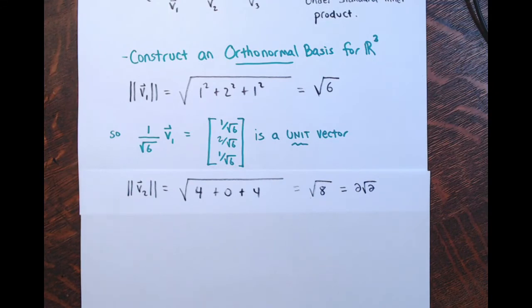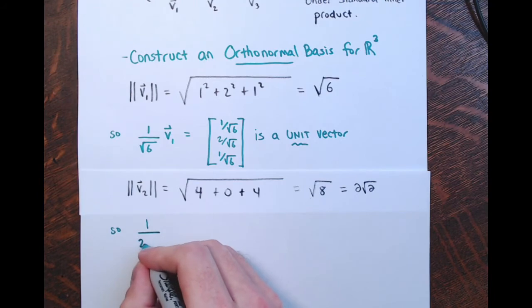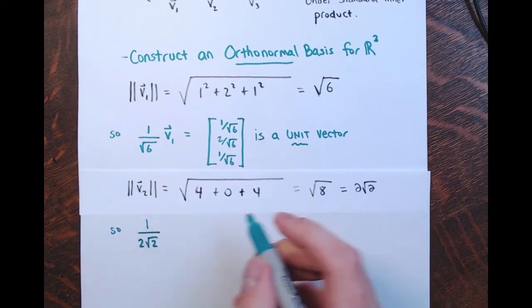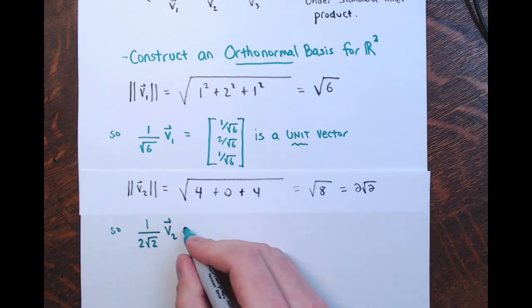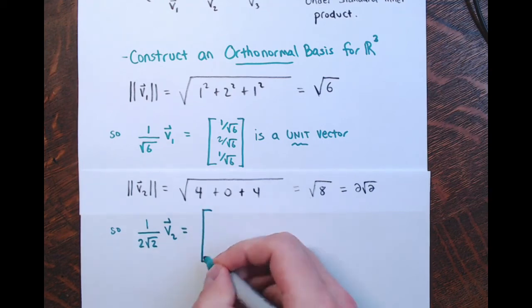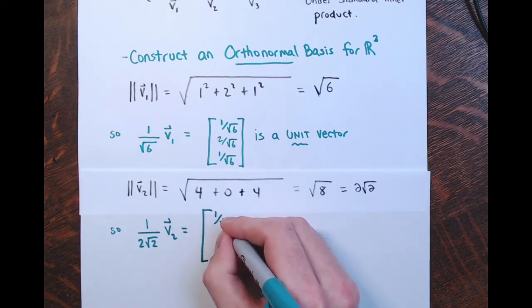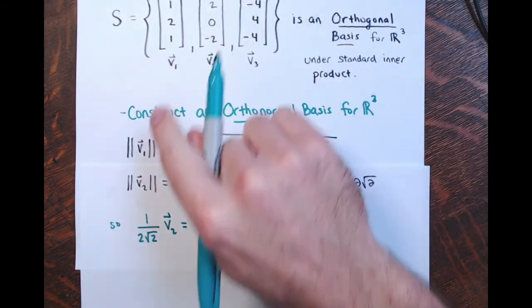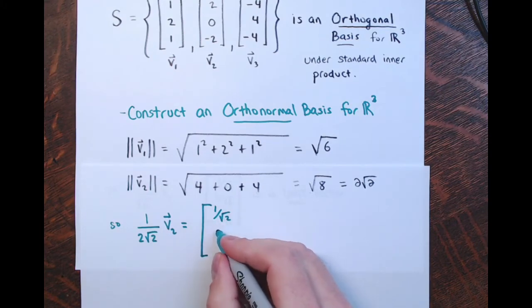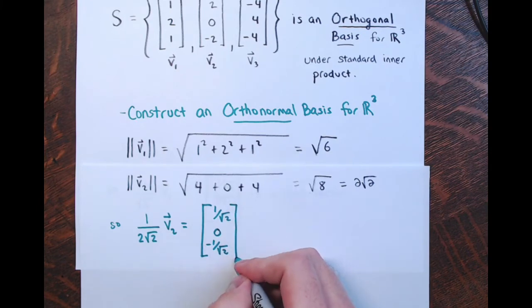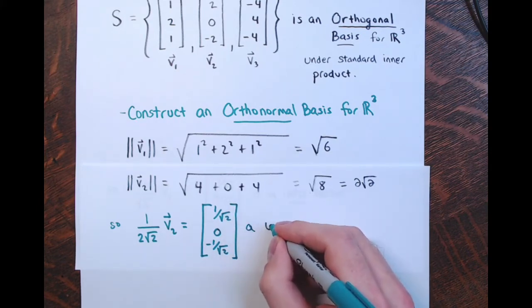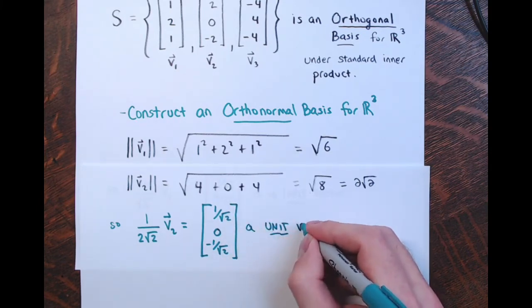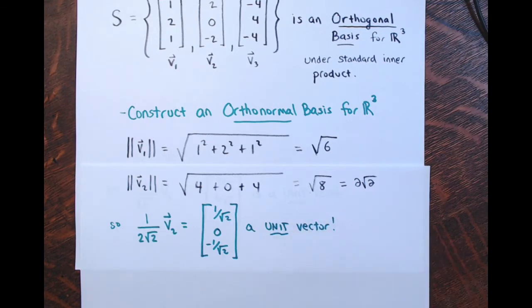So another unit vector I can create is 1 over 2 root 2, the reciprocal of the norm, times v2. And this would be 1 over the square root of 2, because the 2's would cancel. So just 1 over the square root of 2, 0, and then negative 1 over the square root of 2. This is also a unit vector.